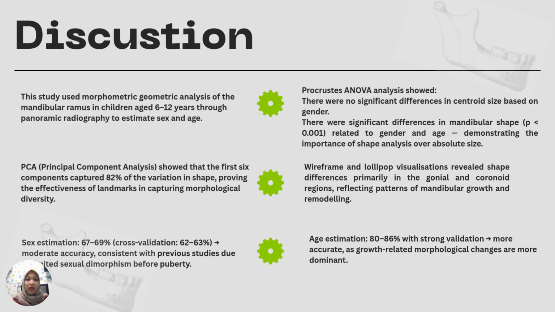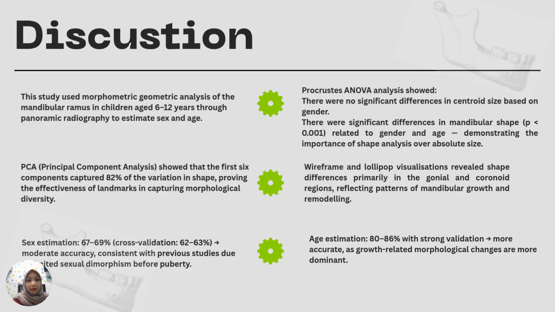Procrustes ANOVA analysis showed no significant difference in centroid size based on gender, but significant differences in mandibular shape, with a p-value of 0.001, related to gender and age, demonstrating the importance of shape analysis over absolute size.